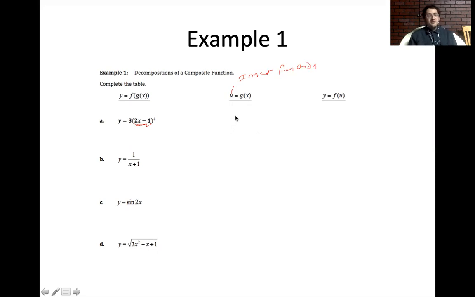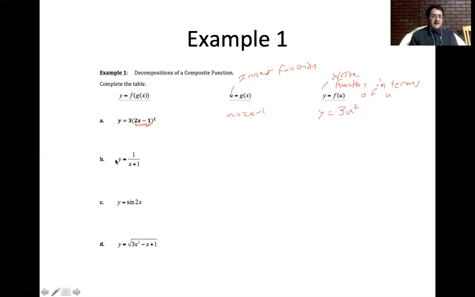So our inner function is 2x minus 1 on this one. And then on this column, we write the function in terms of u. So what I mean by that is I write this as 3u squared.